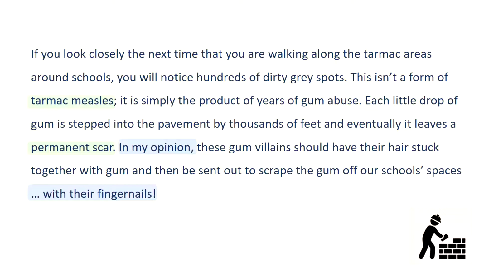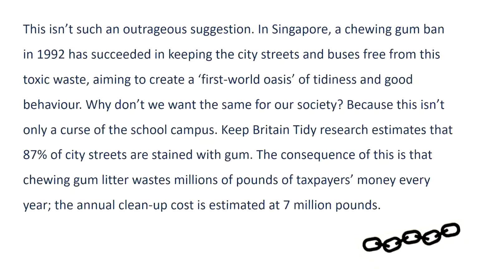There's a bit of comedy there, which helps because it makes the reader sort of enjoy the writing, but it also helps to just show the absolute power and passion that the writer has for the topic. A really nice linking phrase now at the top of that next paragraph. This, so referring back to what's just been said, isn't such an outrageous suggestion. So really nice paragraph linking, and that's going to help you.